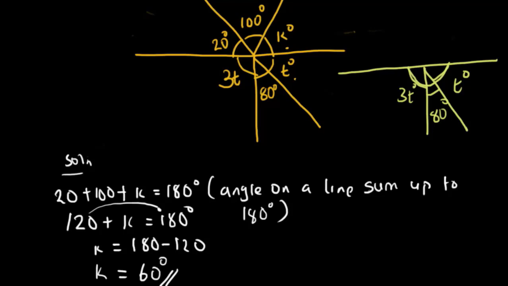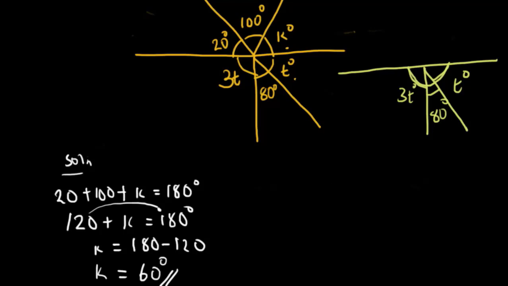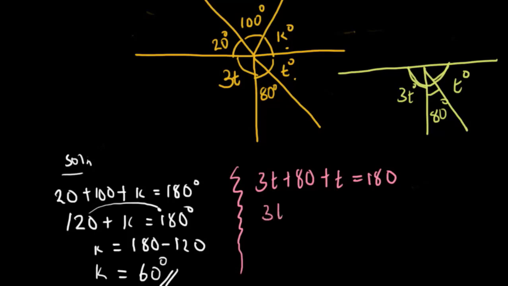Can I rub off this part so that I can do this? So if I add all the angles on the part, I'll be having 3t plus 80 plus t equals 180. Why? Because angles on a line sum up to 180 degrees. Does this make sense? So if I collect like terms, I'll be having 3t plus t plus 80 equals 180 degrees.